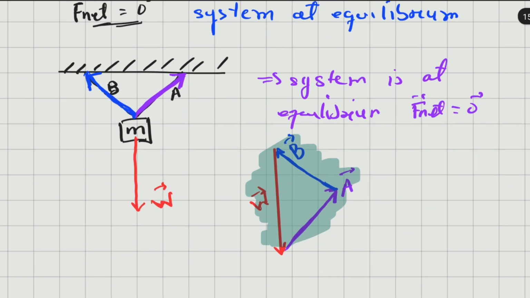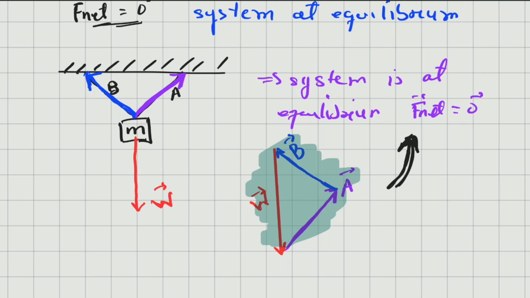So the head of the last vector ends on the tail of the first vector, and this means that the system is at equilibrium, and therefore the net force is equal to 0. That is the meaning of a closed vector diagram. This is happening when the system is at equilibrium, and then you can see the triangle. The head of the last vector you draw will end on the tail of the first one. So the system is at equilibrium.